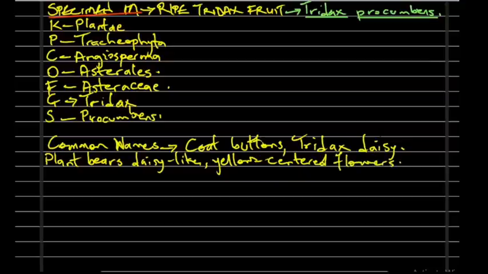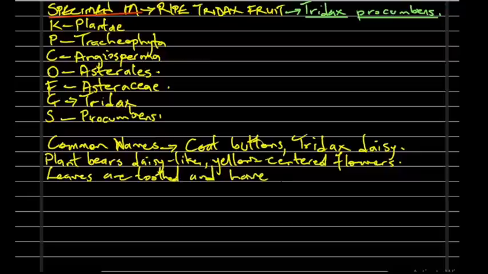Now, the leaves are toothed and generally have arrowhead shapes. Leaves are toothed and have arrowhead shapes. They are toothed and they have arrowhead shapes.